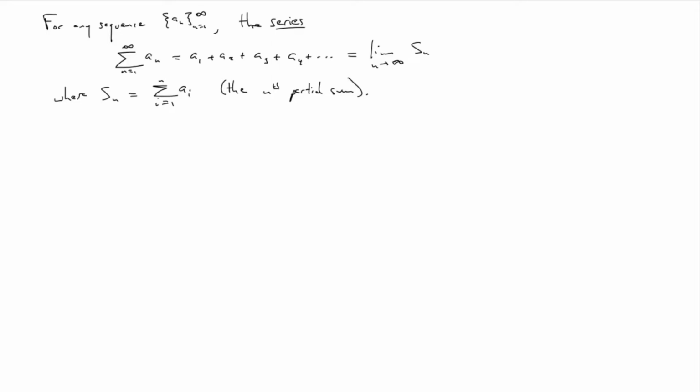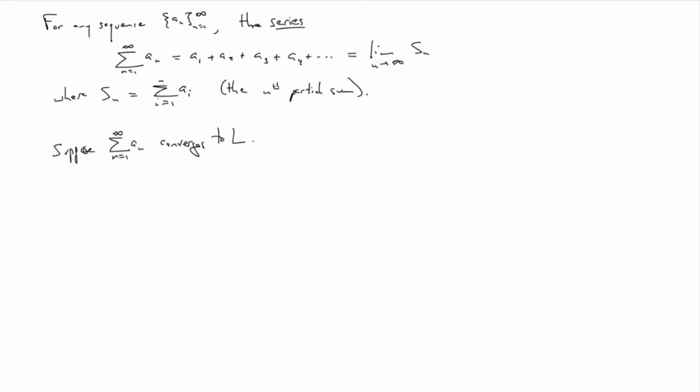But precisely it's defined as the limit as n goes to infinity of the sequence of nth partial sums s sub n, where s sub n is just the sum of the first n terms of the sequence.